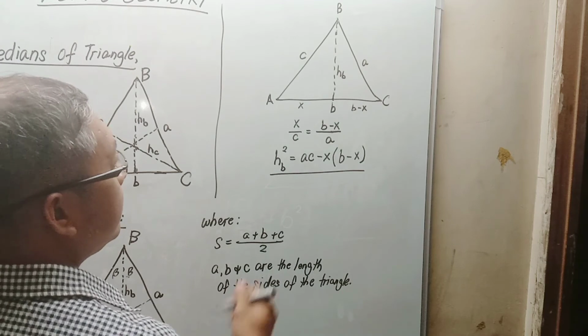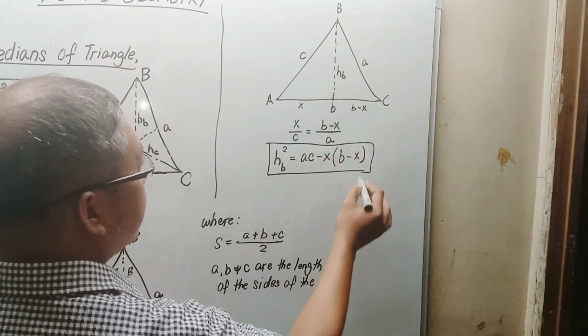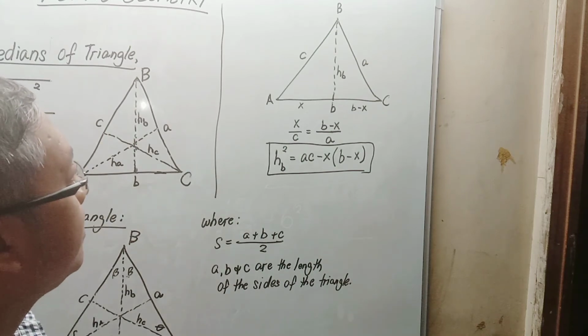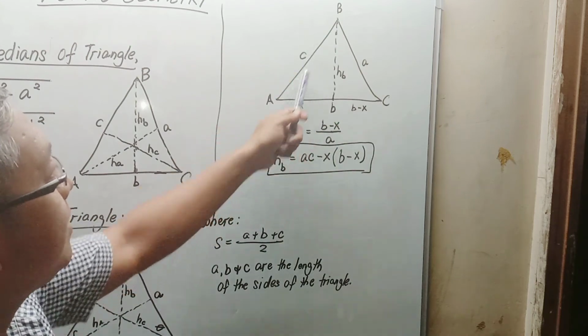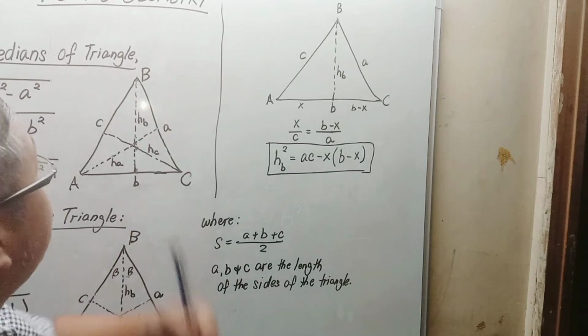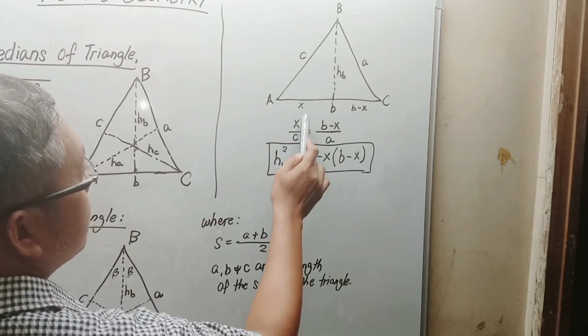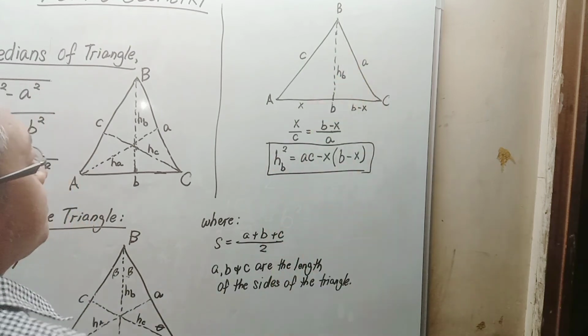So this is the equation to solve the median h sub b using the ratio of the similar triangles in plane geometry. The two triangles, x over c is equal to b minus x over a, proportion.